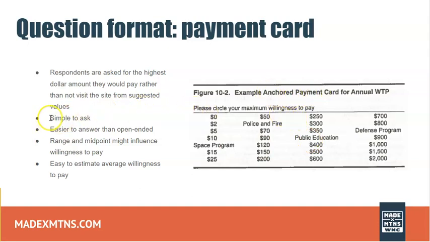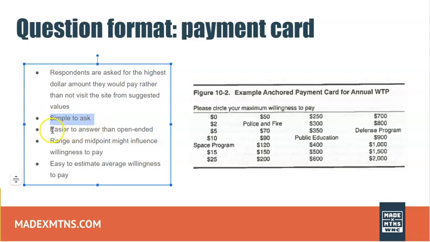So again, this is simple to ask. It's easier to answer than open-ended because now you don't have to come up with your own number. You can just choose from this list. And what researchers have found is that the range of these numbers can influence willingness to pay, and the midpoint can influence willingness to pay. So you might look at these 4 columns of numbers and say, well, 2,000 is too high, 0 is too low, I'll pay something like 200 or 250.